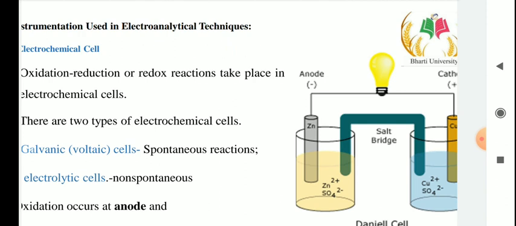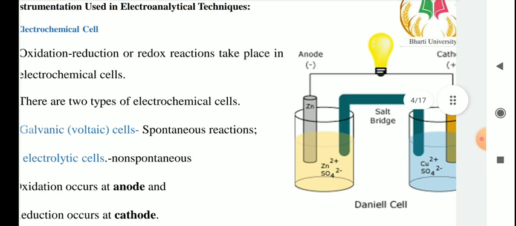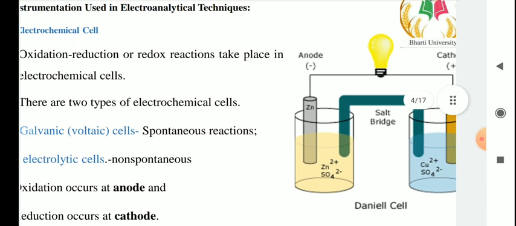Here is one very good example of an electrochemical cell. Suppose you take two beakers. In the first beaker, you dissolve zinc sulfate and dip a rod of zinc, and in the second beaker you dissolve copper sulfate and take an electrode of copper.